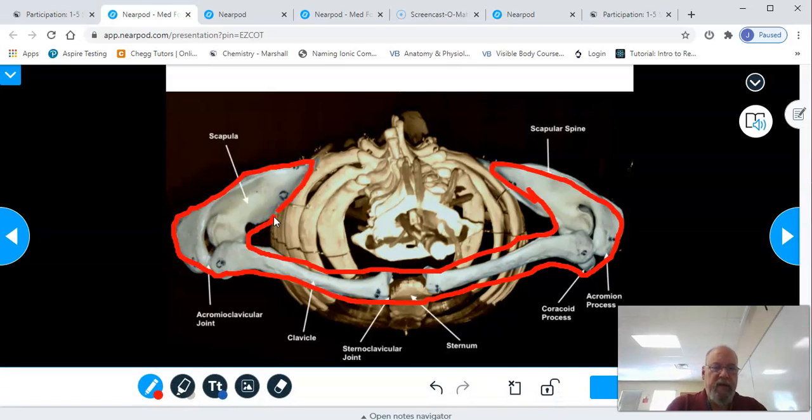So there it is outlined, in case you didn't realize that. So I'll go ahead and go to the next slide now.